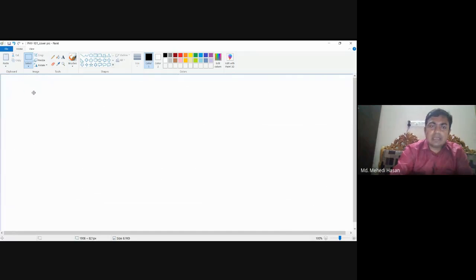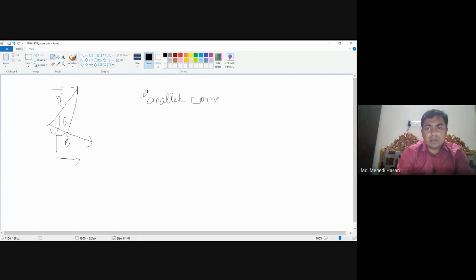Now another thing is that in the cross product, a and b are two given vectors and there is an angle theta. This perpendicular line gives the perpendicular component of vector a along the direction of vector b. Another thing is the parallel component of a along the direction of vector b.